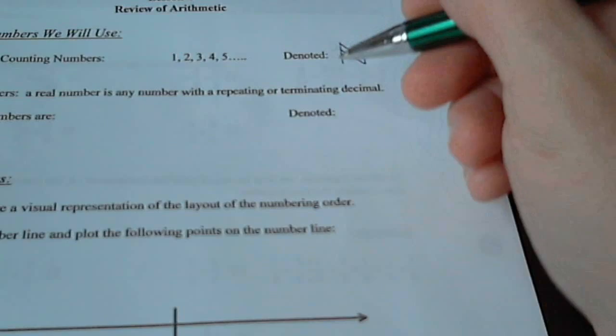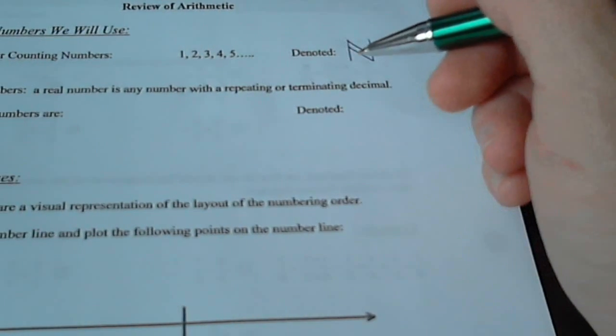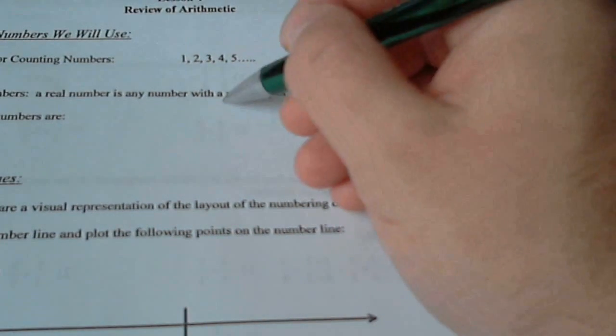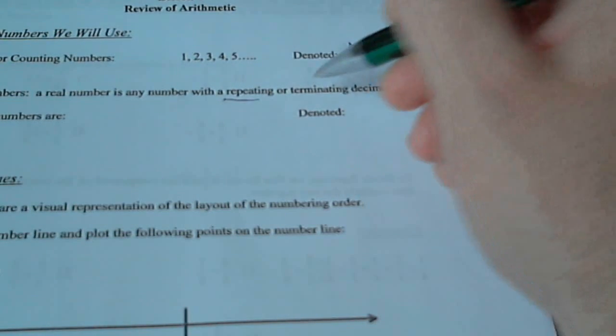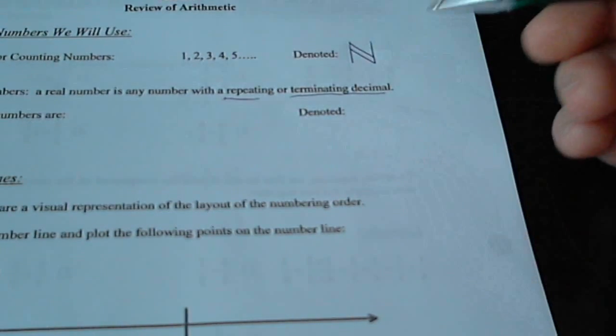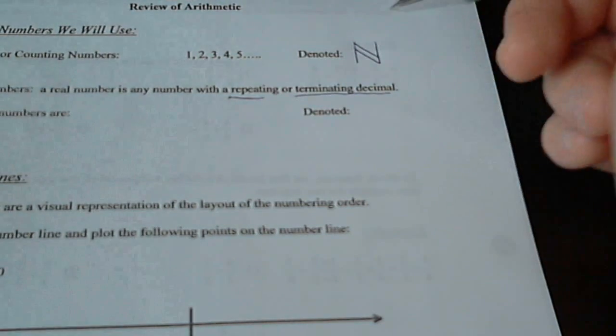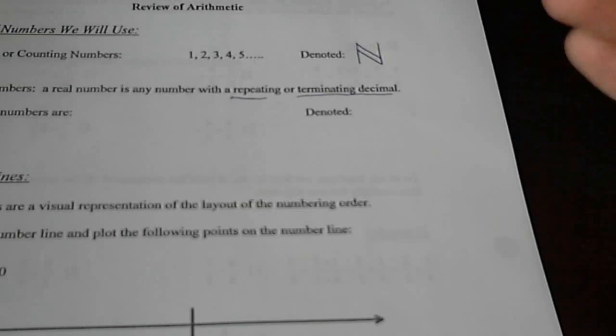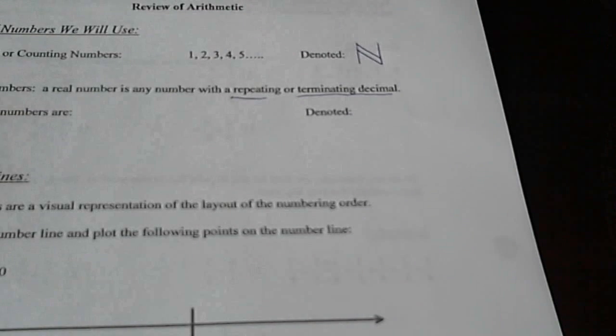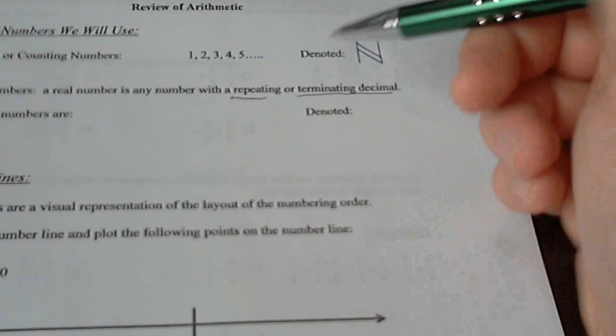The real numbers are any number that does have a repeating or terminating decimal. That's a number that has a definite ending to it. For instance, pi is not real because the decimal point goes on and on and on. The decimals go on and on forever.